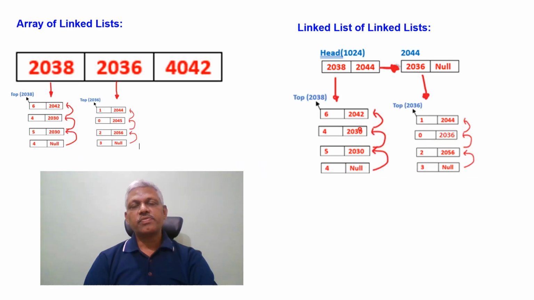One of the interesting features is mixing the data structures and creating a combination of data structures. One such combination is array of linked lists. If you have a collection of linked lists, all these linked lists can be accessed one after the other or in any order through an array.